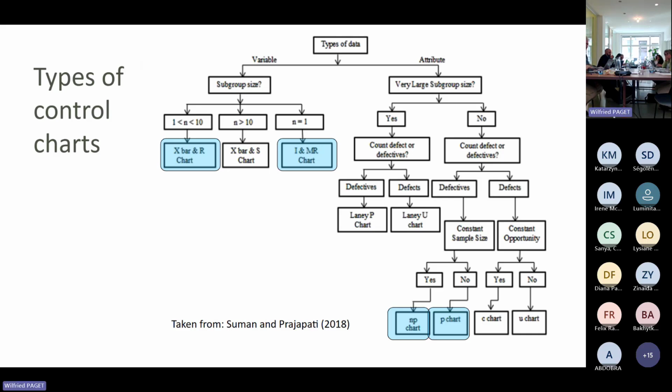There are a lot of different control charts that you can construct, but for our case in the food industry, there are 3 or 4 main charts that you can use. That depends on the type of variables, as I said before, and also on the sample size. Usually we don't have a big sample size, so we use X bar and R bar. X bar is the mean and R is the range.